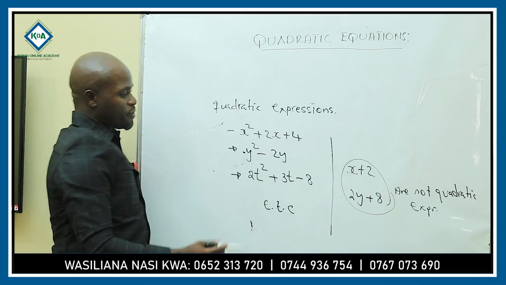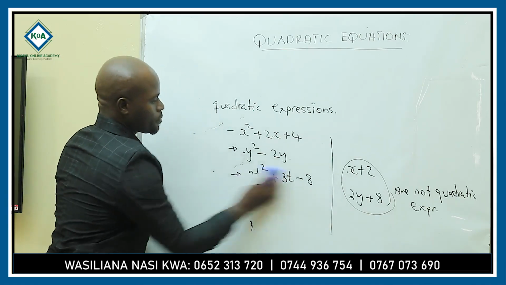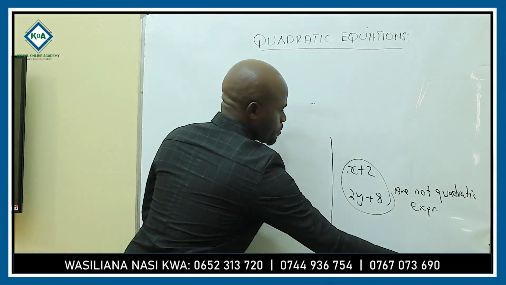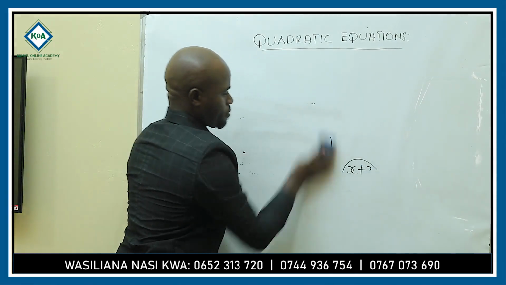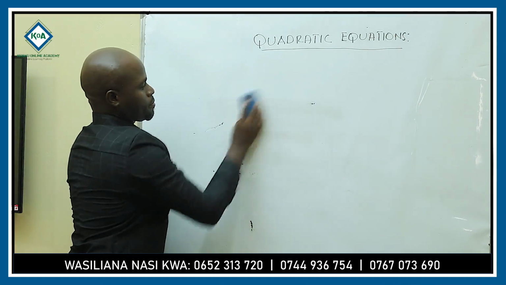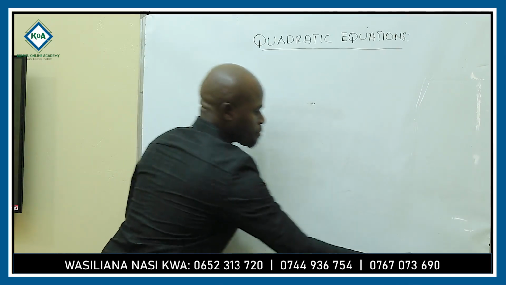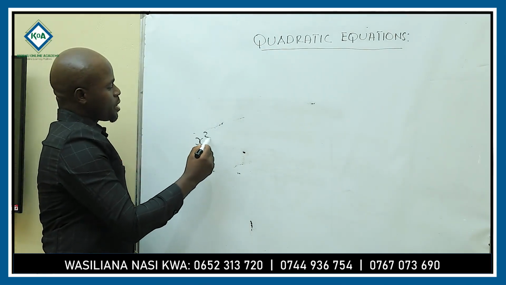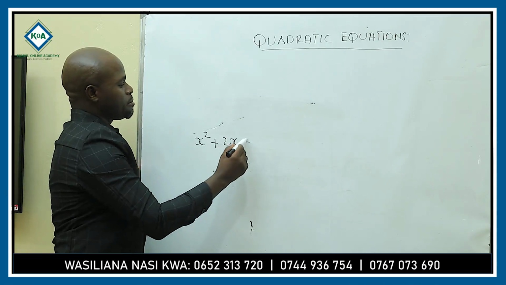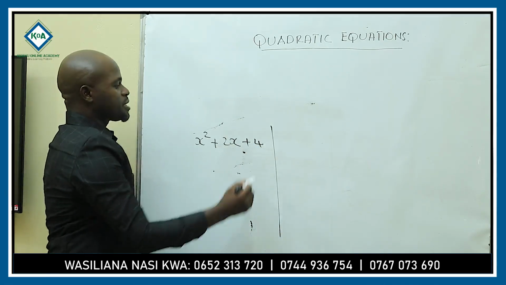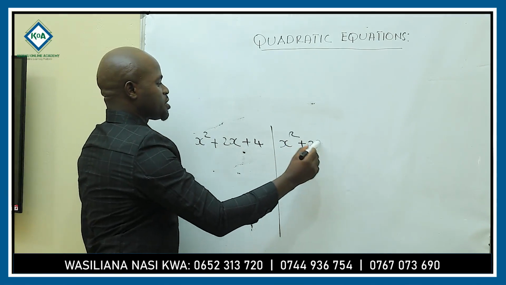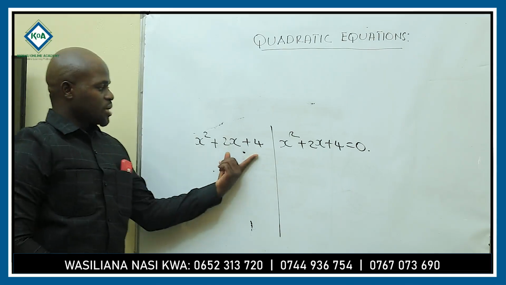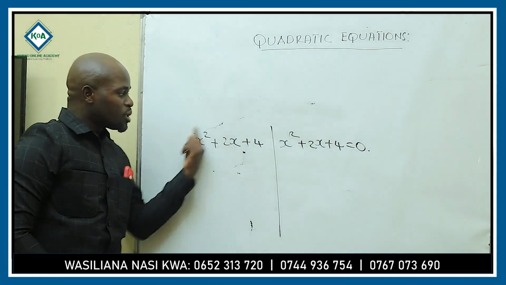For example, if you write x squared plus 2x plus 4, and x squared plus 2x plus 4 is equal to 0. This is a quadratic expression because it has only one side.